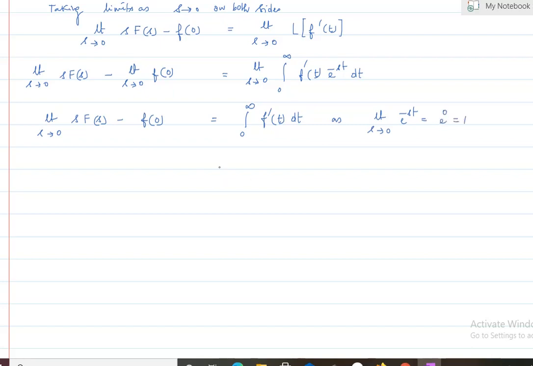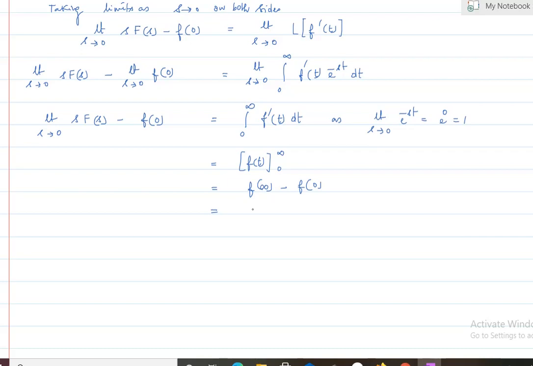So that is why I am leaving that, which is nothing but integral of differentiation of f of t. So integral symbol is also there, differentiation symbol is also there. So what we get is f of t under the limits 0 and infinity. By substituting upper and lower limits, we get f of infinity minus f of 0.